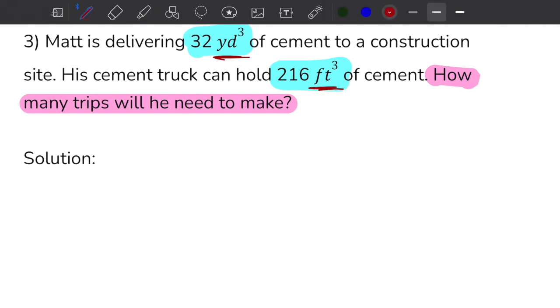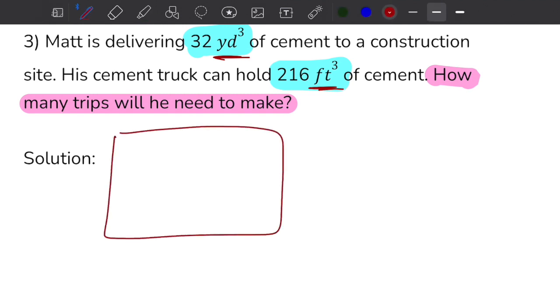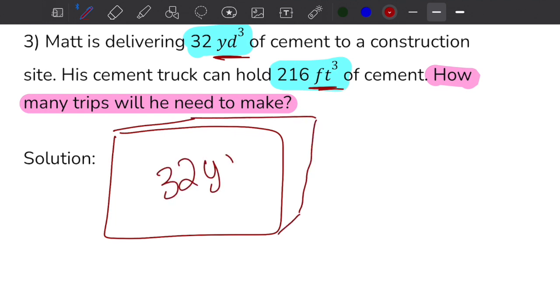So let's visualize this, okay? This is the total amount of cement that Matt has to deliver, 32 cubic yards, okay? And he's going to do several loads. This is his truck, okay? And his truck can only take 216 cubic feet, okay?